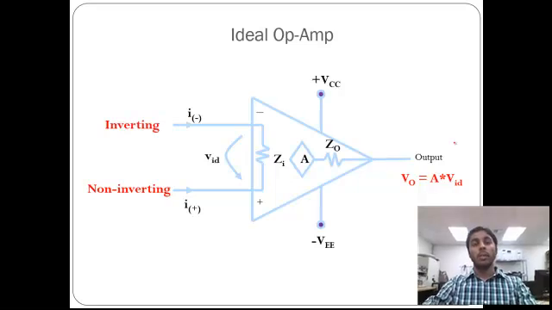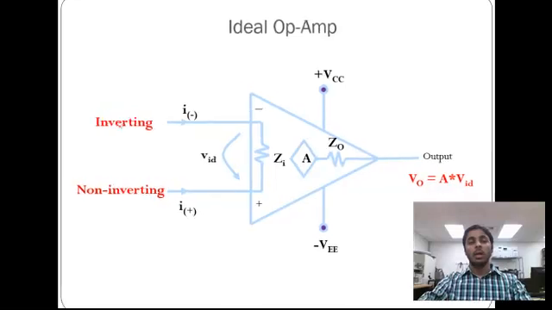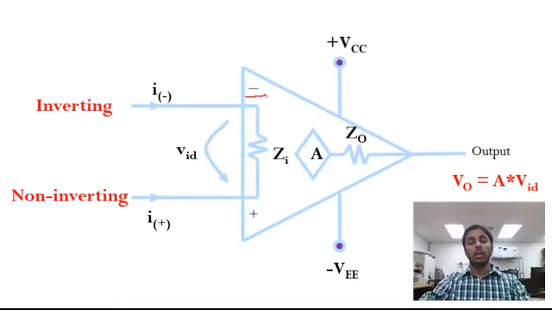So now let's look at some of the parameters of an op-amp, which are some of the internal parameters. As we are aware, this terminal is the inverting terminal and this terminal is the non-inverting terminal.